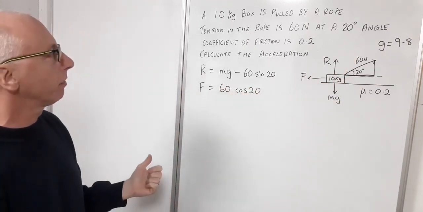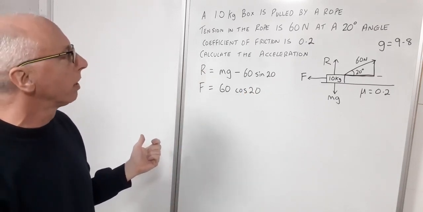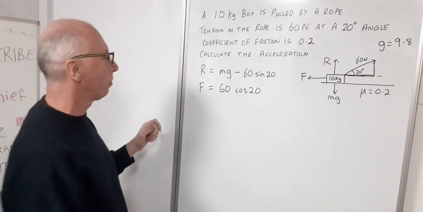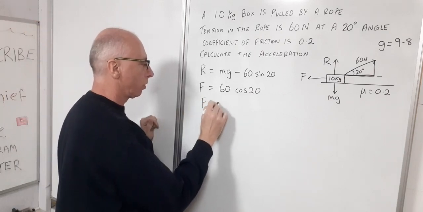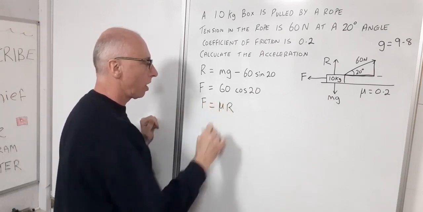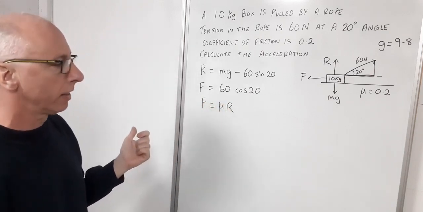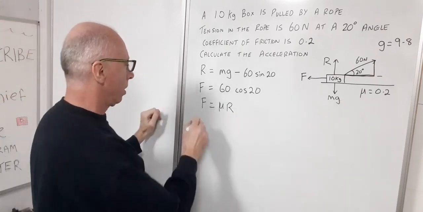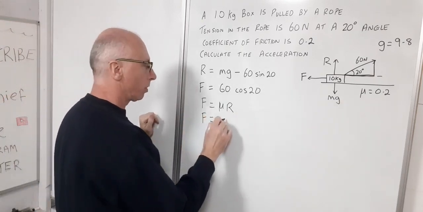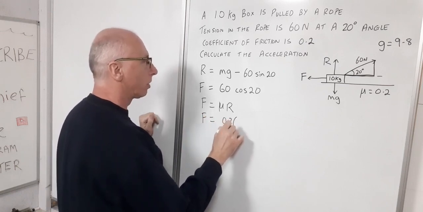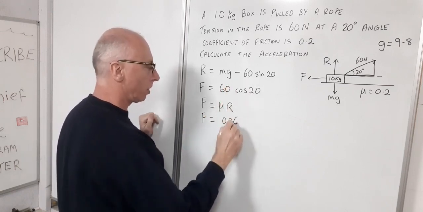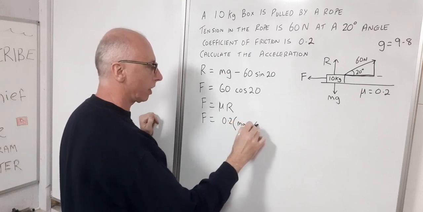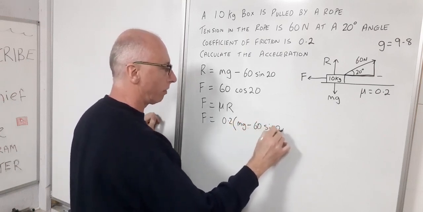Now as the box is moving, with the coefficient of friction, we need F equals mu times R, so we can use that force there. So mu, the coefficient of friction, is 0.2, therefore our F equals 0.2 times R, which is mg minus 60 sine of 20.